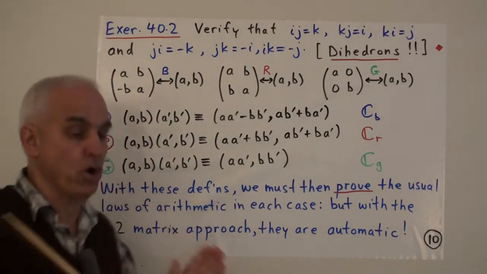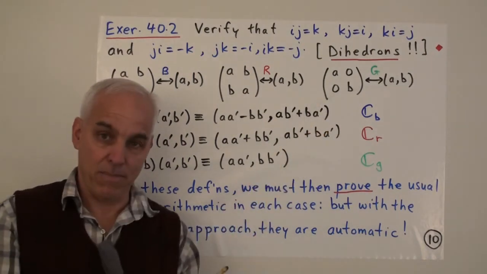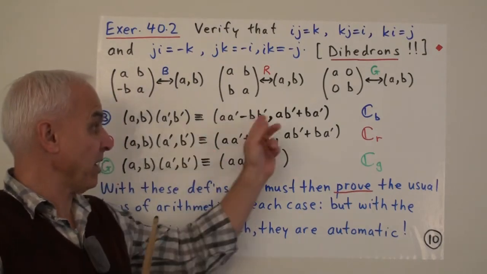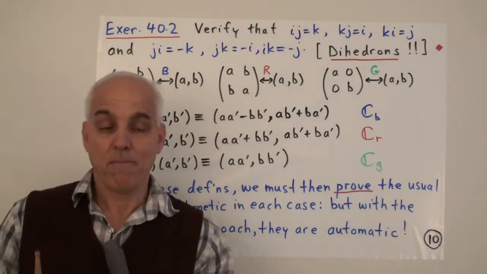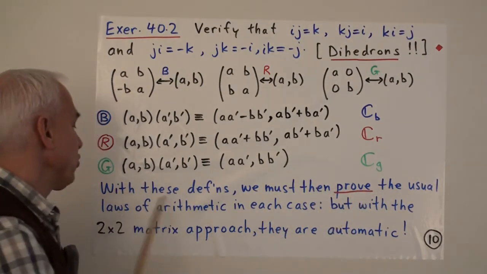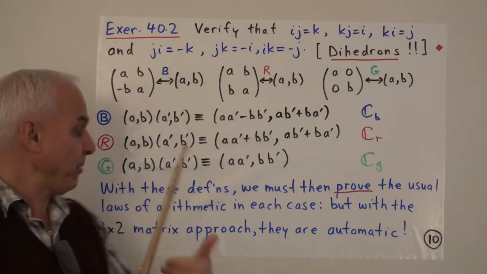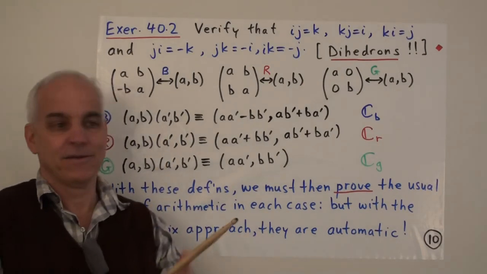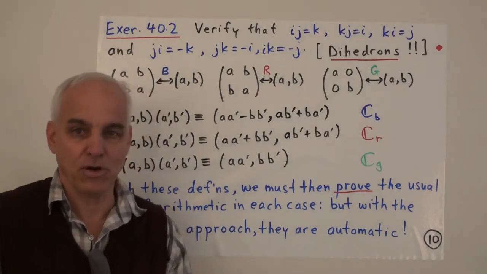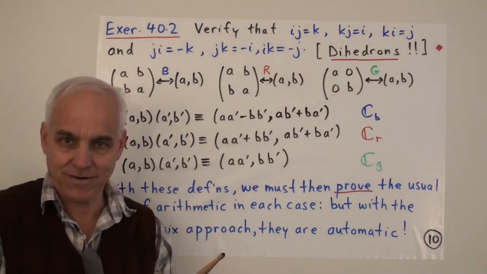All right, so one could, and in some cases, especially for the regular complex numbers, we could introduce multiplication like this. But then one has some work to do. Then one has to prove the usual laws of arithmetic in each case. For example, you have to prove that multiplication is commutative, that it's associative, that it distributes over addition.